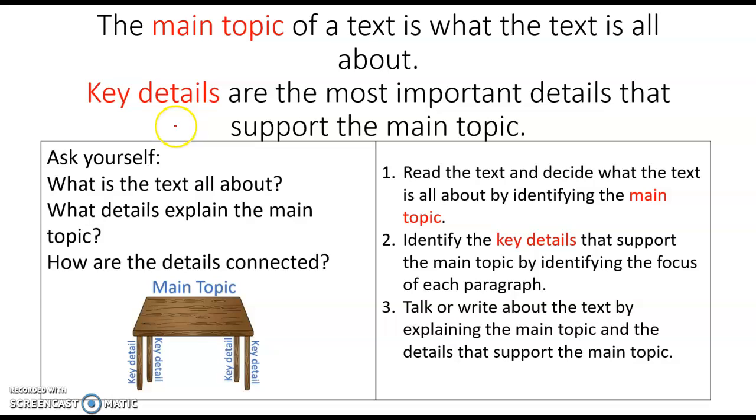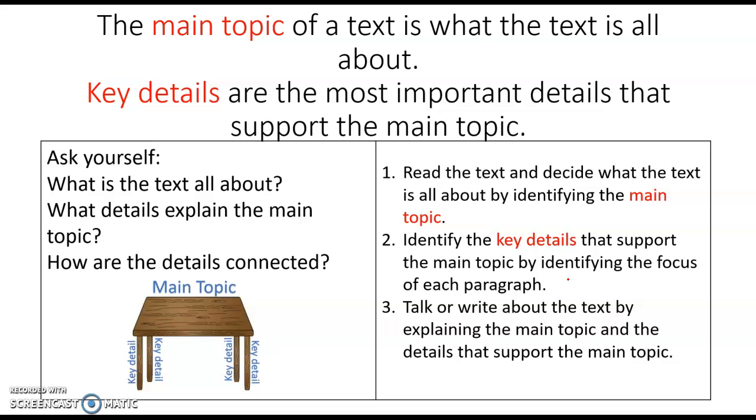So you're going to be asking yourself, what is the text all about? What details explain the main topic? And how are the details connected to each other? So the first thing that you're going to do is read the text and decide what the text is all about by identifying that main topic. Then you'll identify the key details that support the main topic.